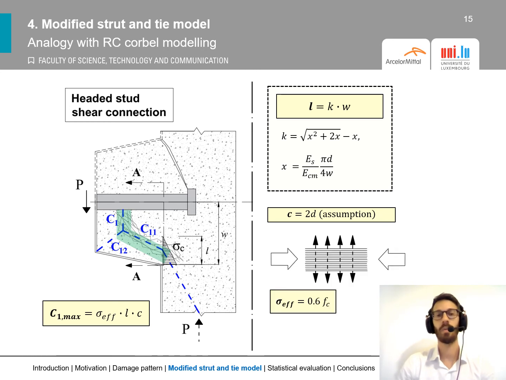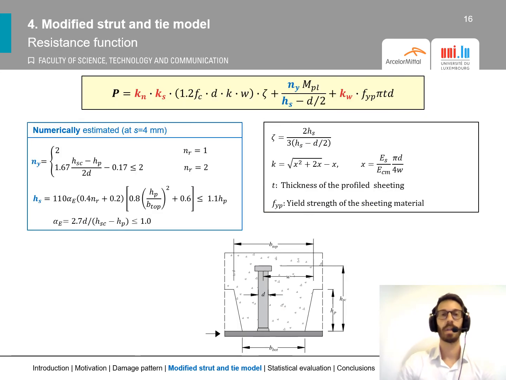And finally, we consider that the effective stress in the concrete is only 60% of the uniaxial compressive strength of concrete, in consideration of the negative impact of the tensile cracks. All of this information and these assumptions lead to the following expression shown at the top of the slide.